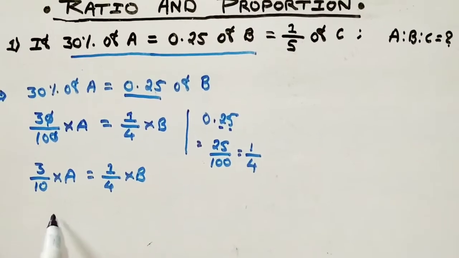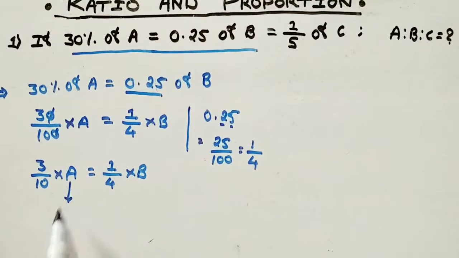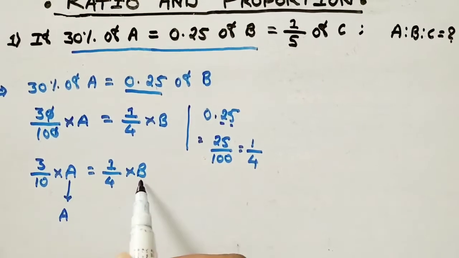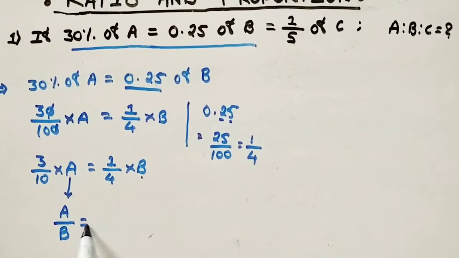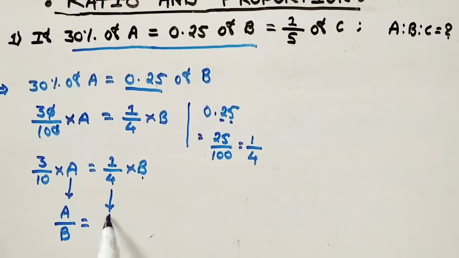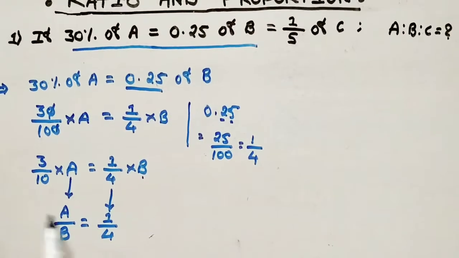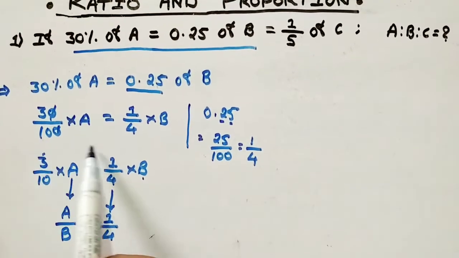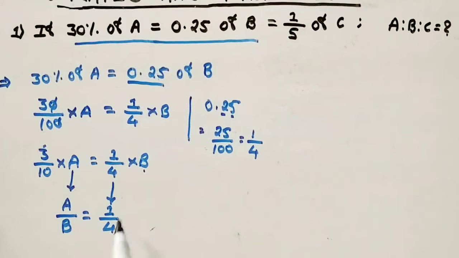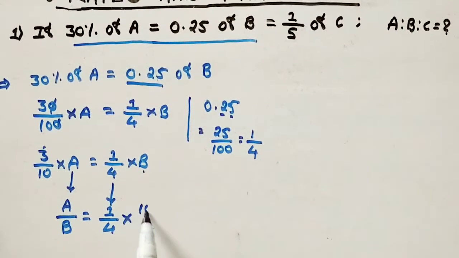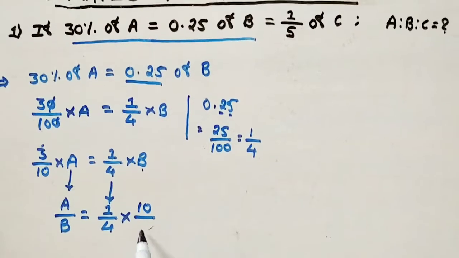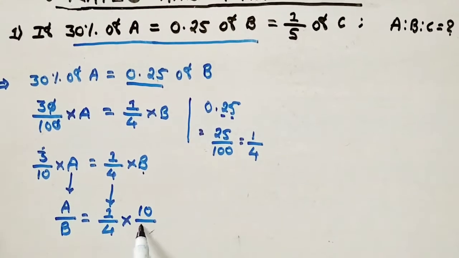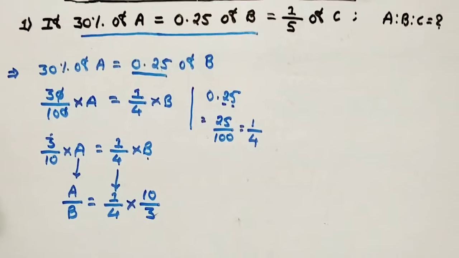So A as it is and B moves to the left side. So A divided by B, 1 by 4 as it is, and 3 by 10 moves to the right side. Then numerator converts into denominator and denominator converts into numerator.